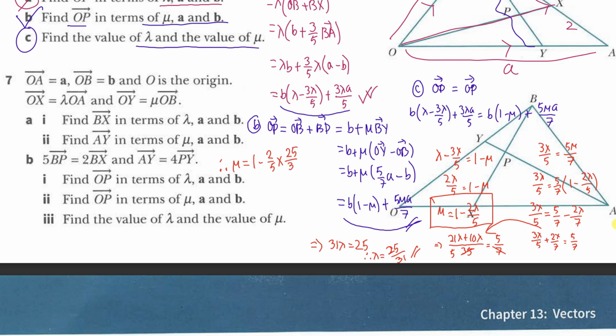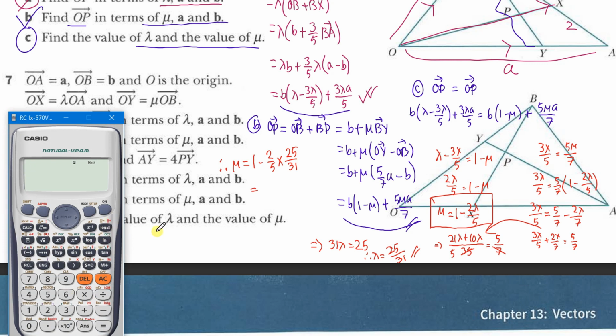At this stage I'm going to use a calculator, because it's not possible to calculate manually. I can write 1 minus 2 by 5 into 25 by 31, divided by 31, and from there we got 21 by 31.